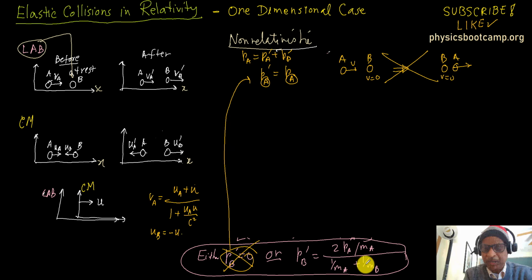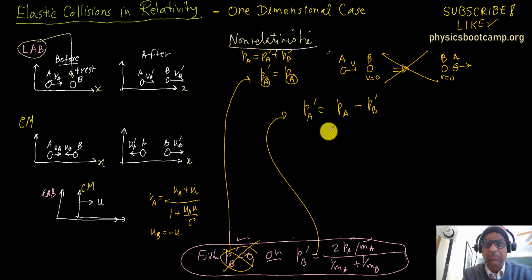So PB prime is this. Then what is PA prime? PA prime will be PA minus PB prime, and then just put it in there.